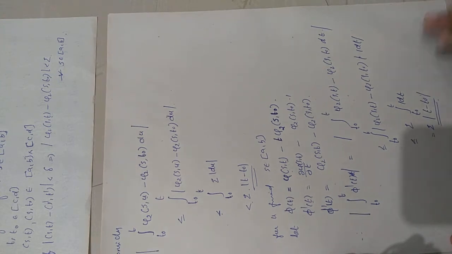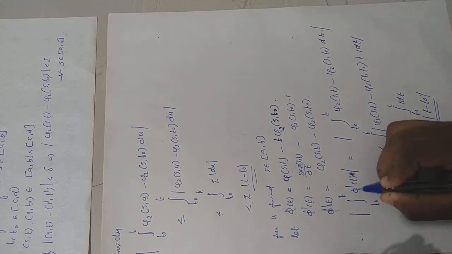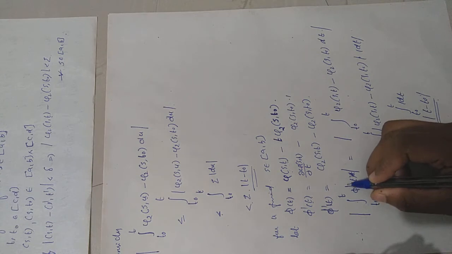So we got the modulus of the integral from t naught to t of phi dash of t dt is less than or equal to epsilon times modulus of t minus t naught. And what is this integral value? It is the integration of the derivative of the function phi.